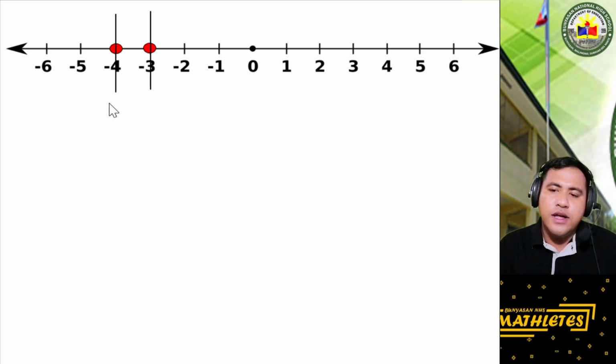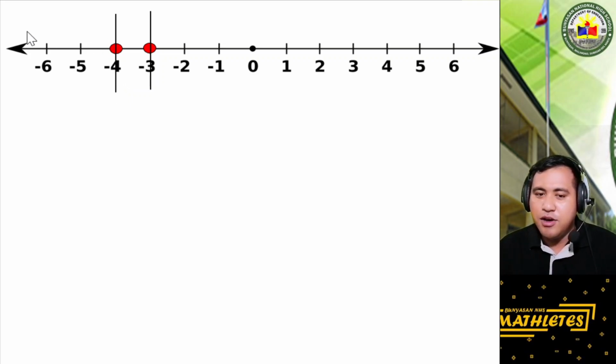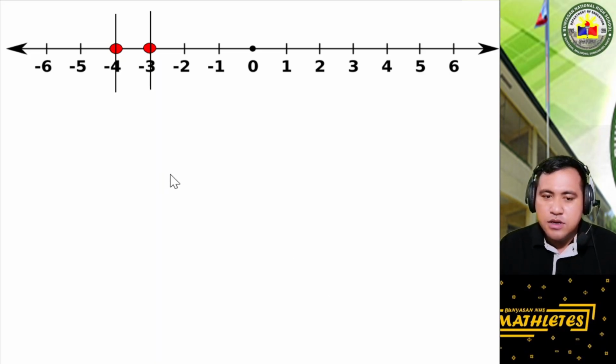Now, what we will do is choose a number from each interval. Since we have 3 intervals, we pick one number that is inside each interval. For the first, we can choose negative 5.